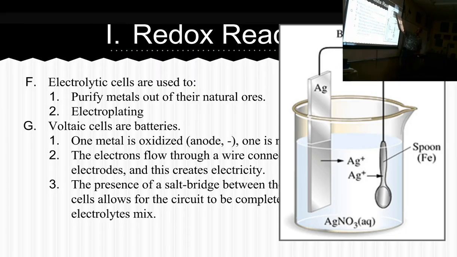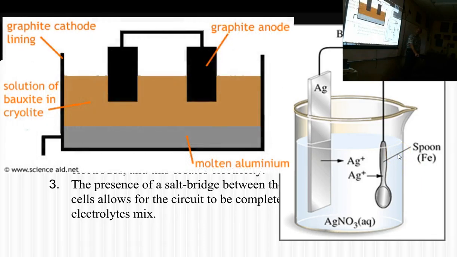We pass an electrical current through it, and silver ions leave the bar of silver and go into solution. And then the silver ions in solution jump onto the iron spoon and stick there. And we wind up with an iron spoon that has a silver coating on it. And then that looks pretty, and people want silver spoons.